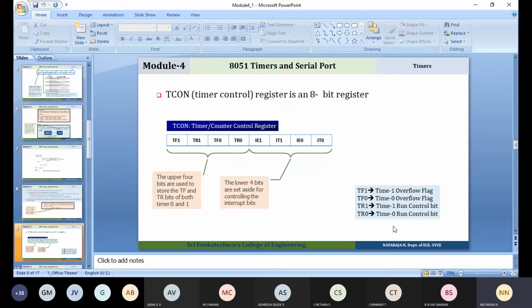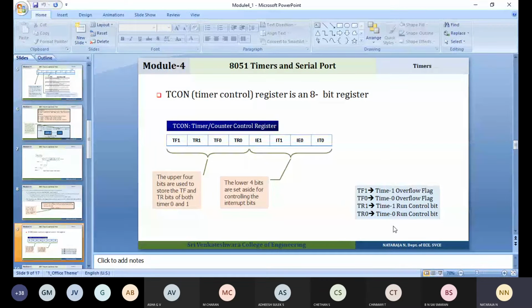They can be stopped by clearing these bits. When the timer counter reaches its maximum value, it will set the flag TF0 or TF1. The timer flag is set when the timer reaches the maximum value, for TF0 and TF1.